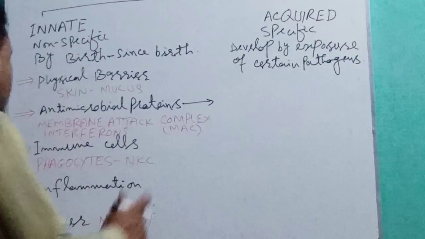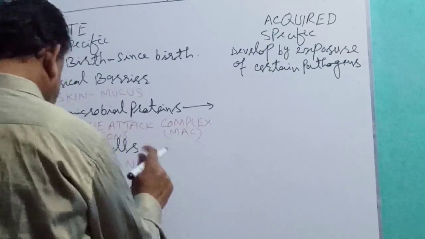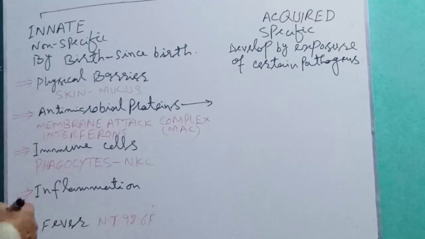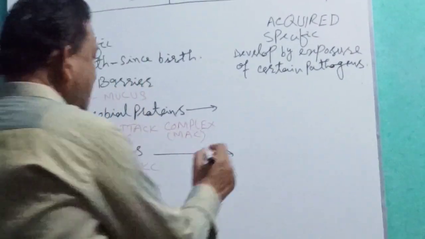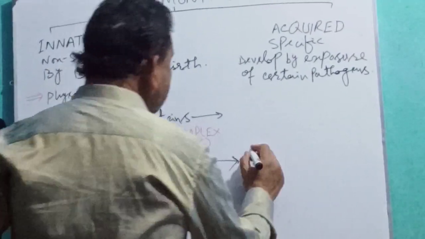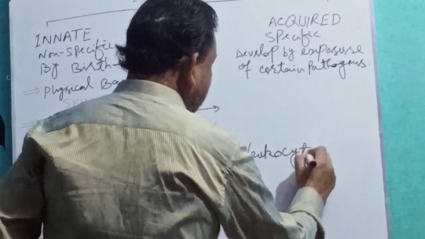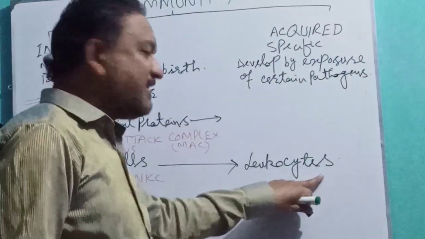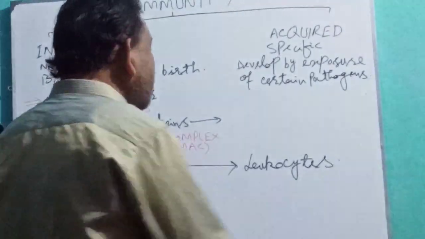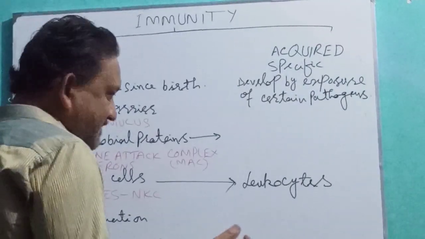Again, the second one is the inflammation. No, sorry, the immune cells. The immune cells are the leukocytes. Leuko means white, cytes means cells. These are the white cells, and they are usually present in blood.